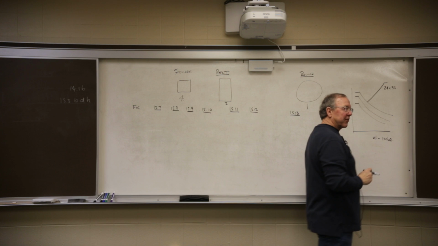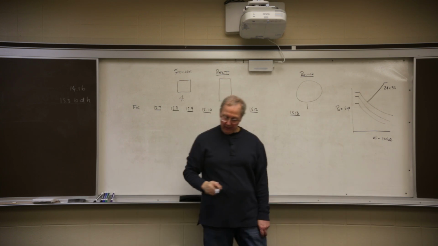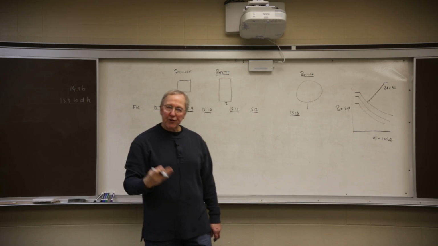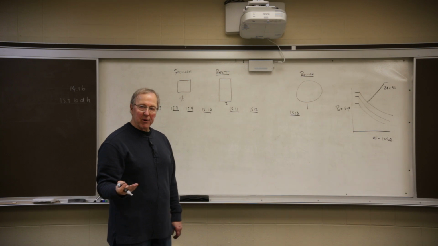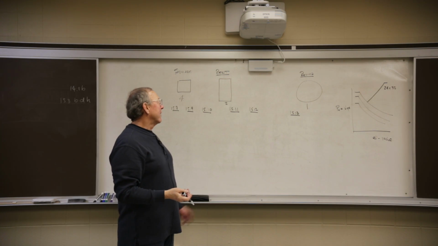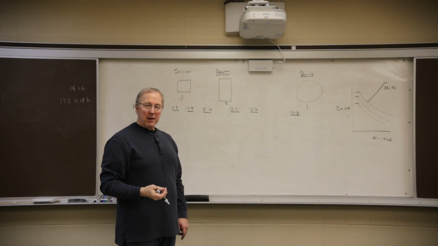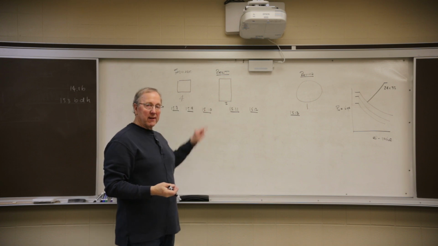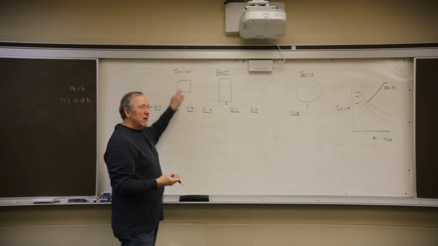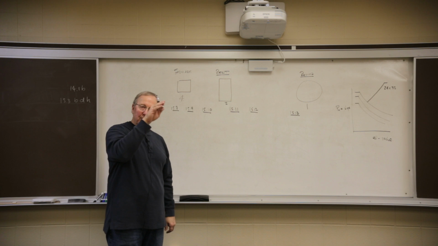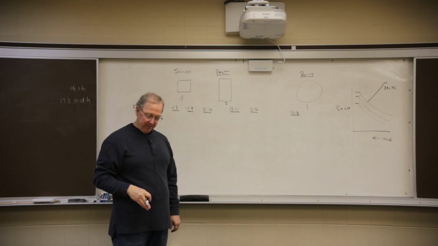It tells you the size. If it's round, it's going to be 1 number. That's the diameter. If it's a rectangle, it's going to be 2 numbers. That's the width and the height. If it's a square, it's going to be 1 number. That's the same for both sides.